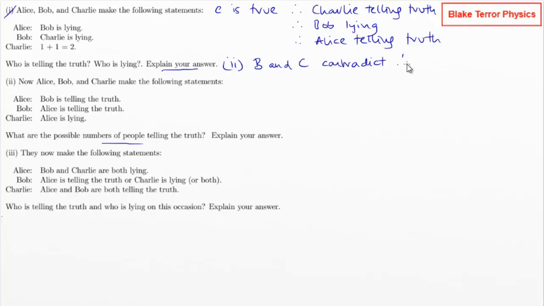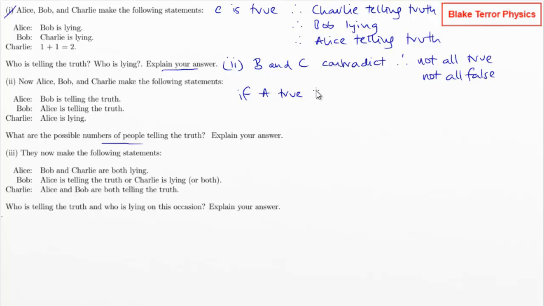Therefore we can't have them all true, and not all false as well. So that's a start. We must have one or two of them telling the truth as the only possibilities left. So if A is true, let's go with that, then Bob is telling the truth.